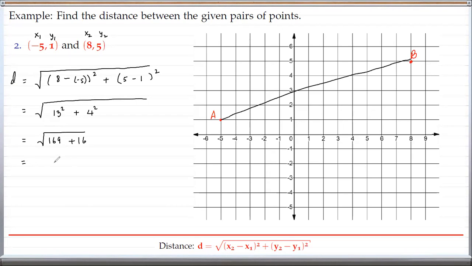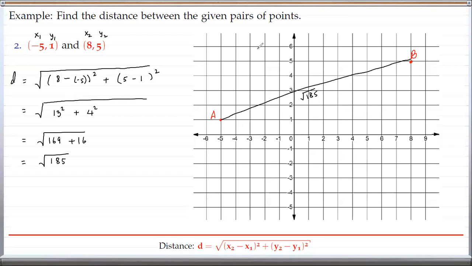And these two add to the square root of 185. So this is the distance, square root of 185. Again, we can try to simplify this further or use our calculator if we want to.